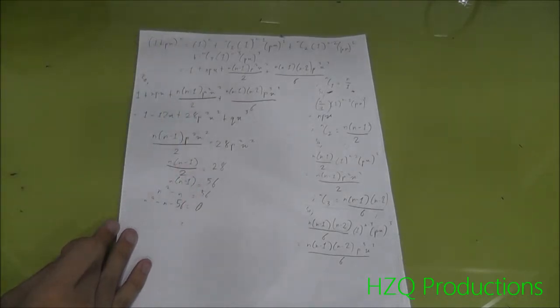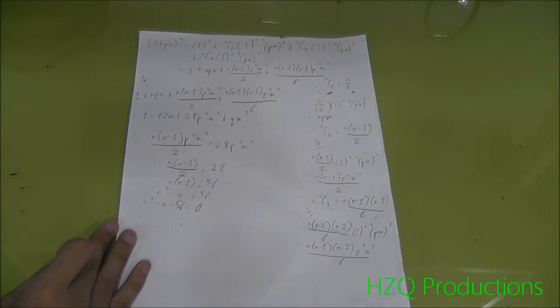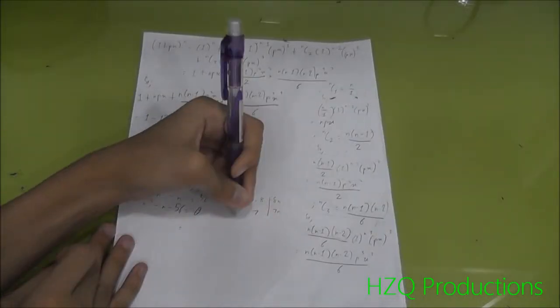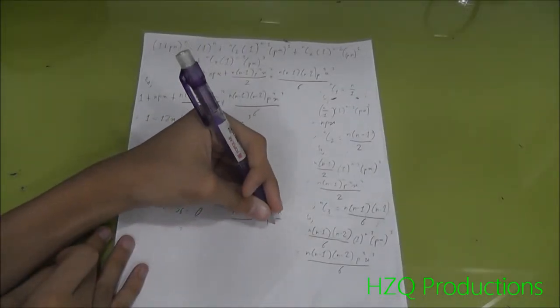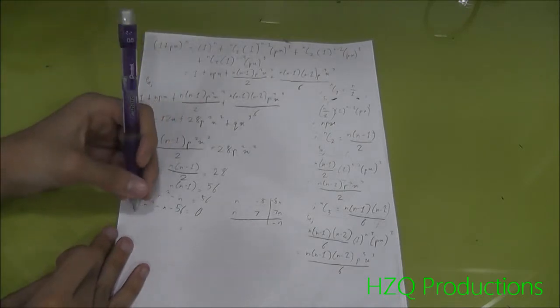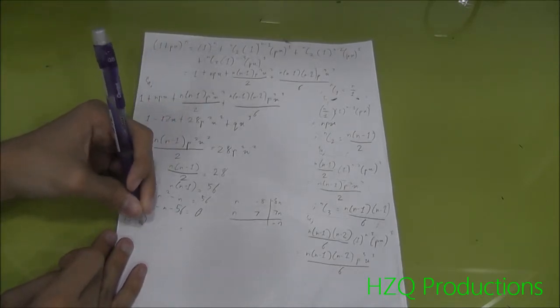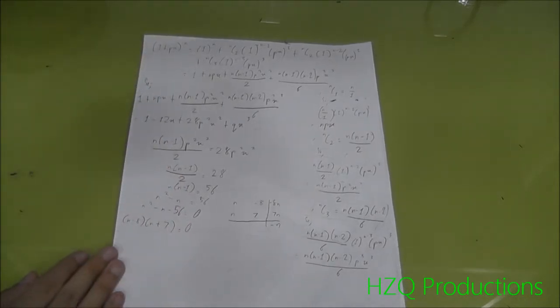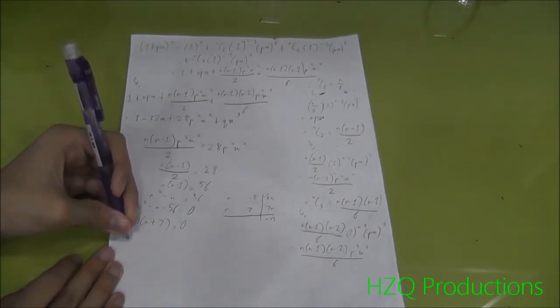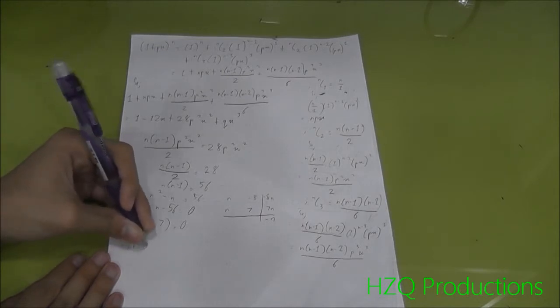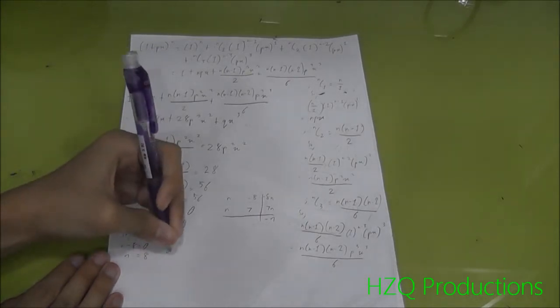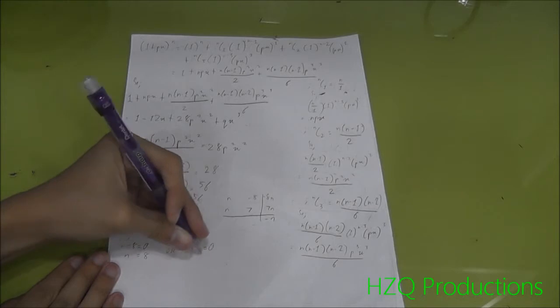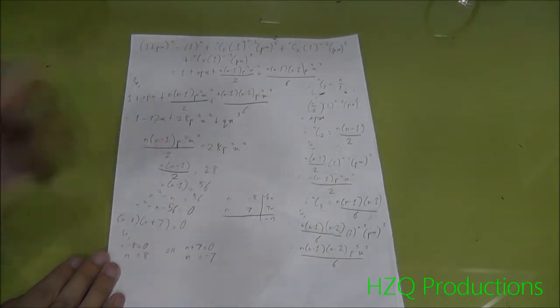At this point, you need to factorise, and you get (n − 8)(n + 7) = 0. So at the end, n − 8 = 0, so n is 8, or n + 7 = 0, so n is negative 7.